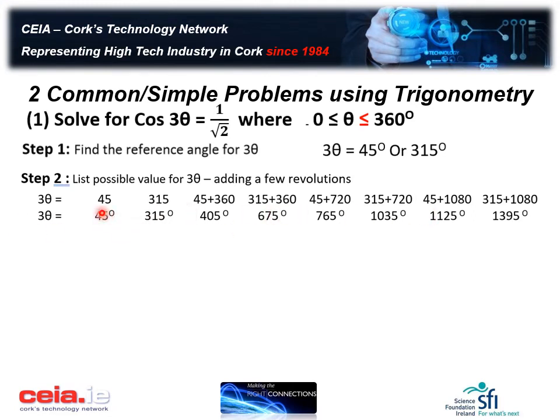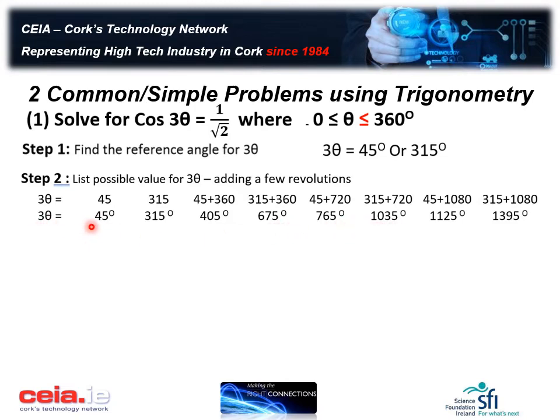So 45 plus 1 revolution is 405. 315 plus 1 revolution is 315 plus 360. 45 and 2 revolutions. 315 and 2 revolutions. 45 and 3 revolutions. 315 and 3 revolutions.